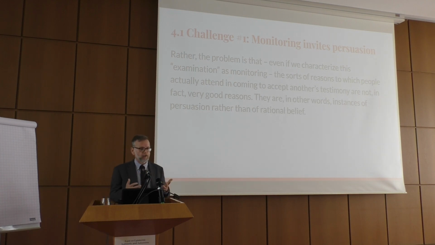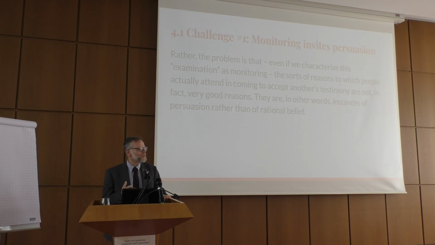My own work is on the epistemology of testimony, and in it I've really highlighted these issues on credibility judgments and also competence judgments and so on. It's one of my Steckenpferde, as it were.